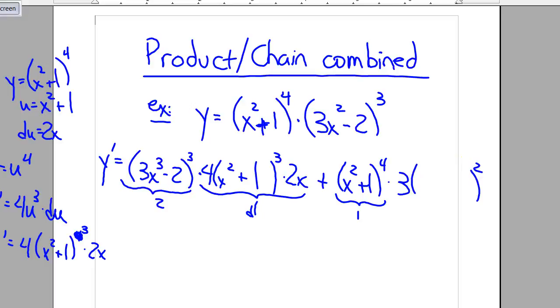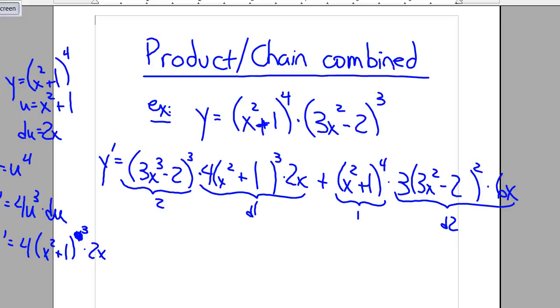Leave the inside alone. And we multiply by the derivative of the inside. And so this is your d2. Now that stuff's not anything new, it's just combining two things we've learned. We're not done. Questions on that stuff though?